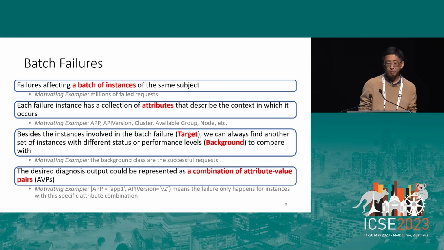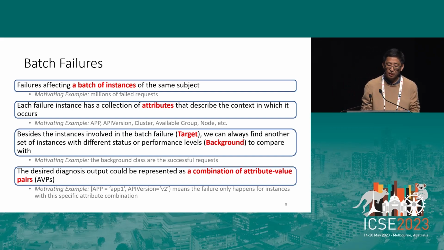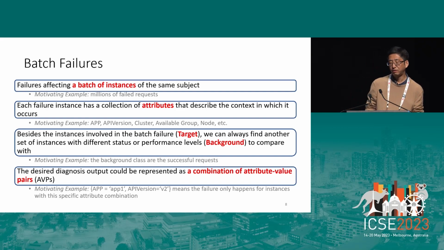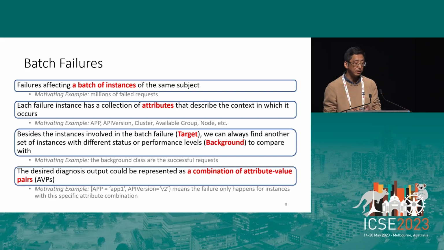This failure affects many instances of the same subject, and each failure instance has a collection of attributes that describe the context where the problem happens. Each attribute also has many values. So our goal is to locate a certain combination of attribute value pairs that is responsible for the incident.